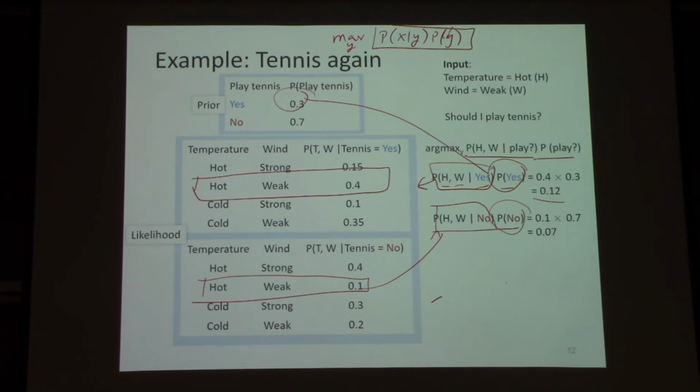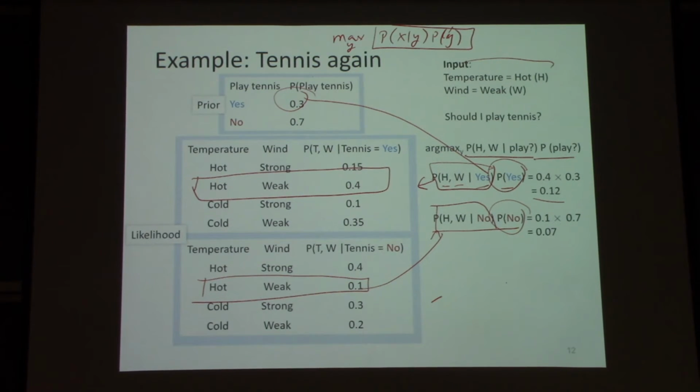You multiply those things. You ask which value of play has a higher product, and it turns out, according to this method of classification, you say if the temperature is hot and the wind is weak, then you play tennis. Why? Because this 0.12 is higher.